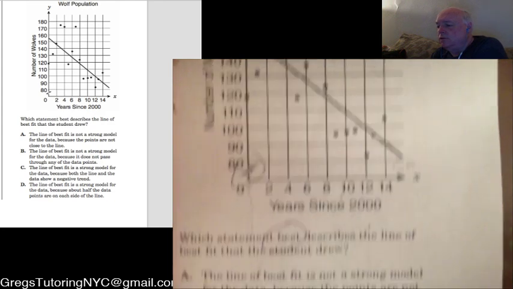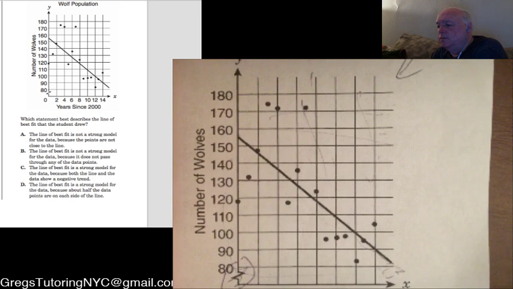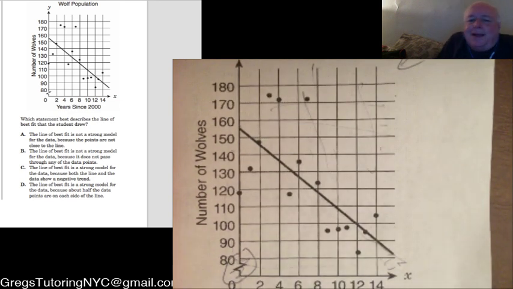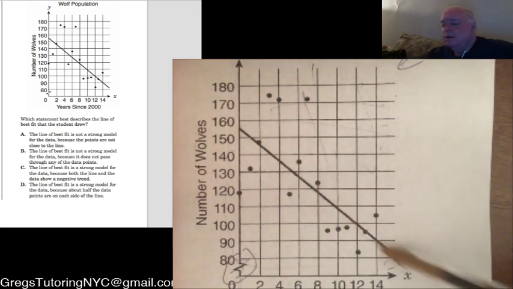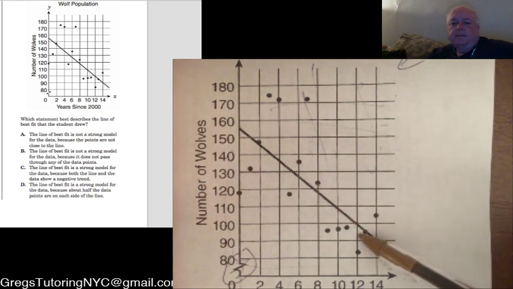We're absolutely shooting for best here, okay? So far, I'm not so keen on A, but it's not wrong. So A is our strongest answer so far. It says the line of best fit, which is this here, is not a strong model for the data because the points are not close to the line.